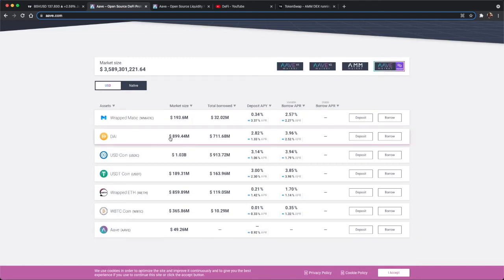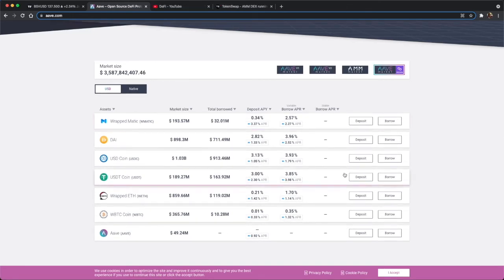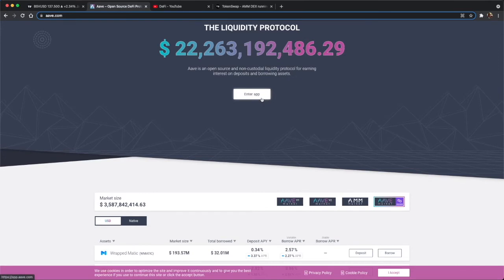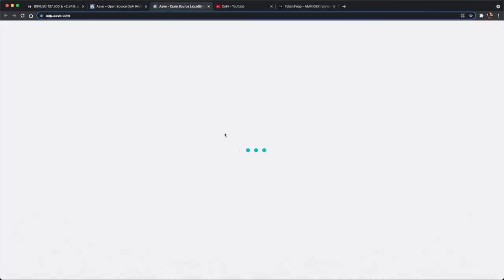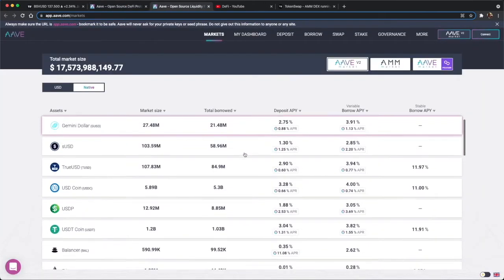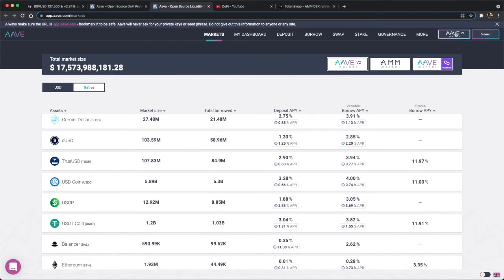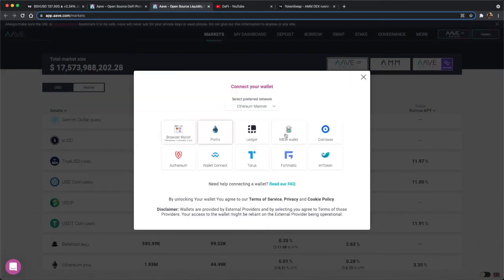And here it's 899 million. It's ridiculous. And they're all getting deposit APY, right? Yearly interest. I tried connecting my wallet. You can use MetaMask and other wallets. So when you hit enter app, you go to connect, and there's all these ones.